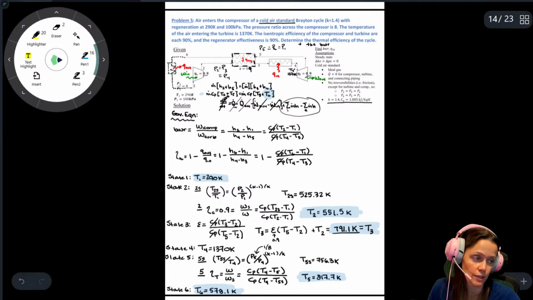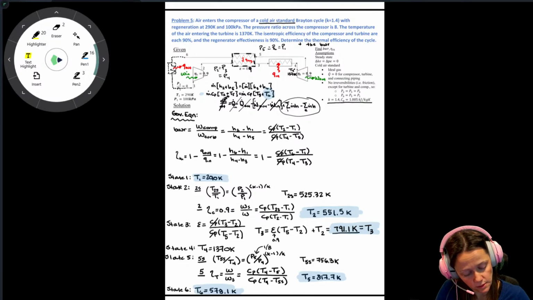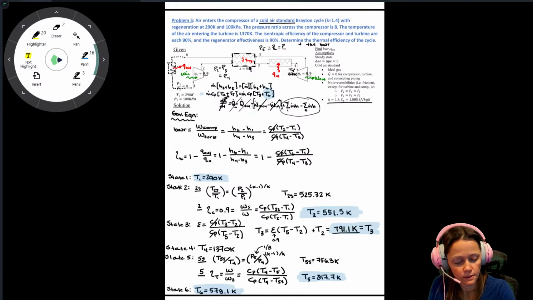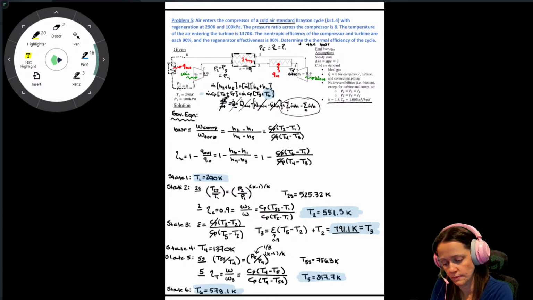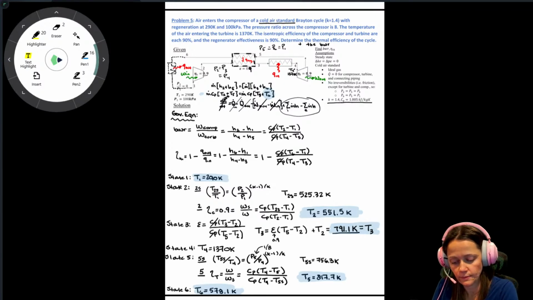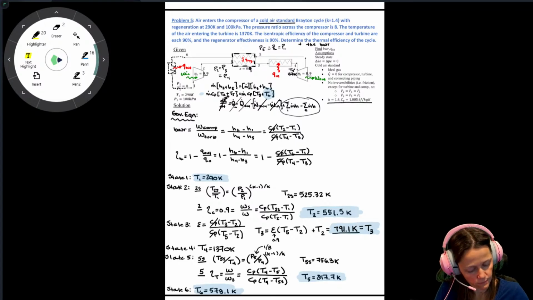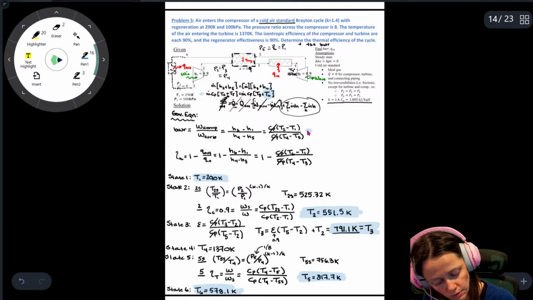For this one, it really is just plug and chug. So I'm going to go ahead and do that. T2. All right, so I've got 47.3% for that back work ratio.